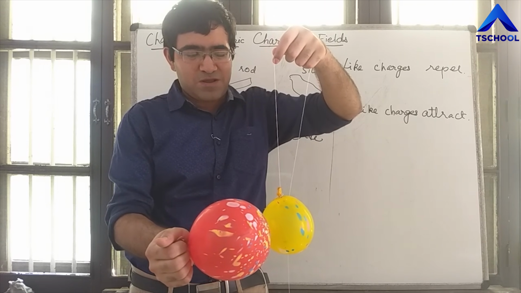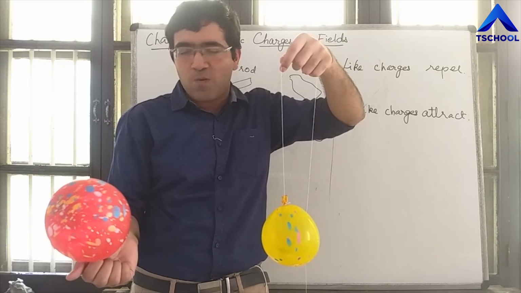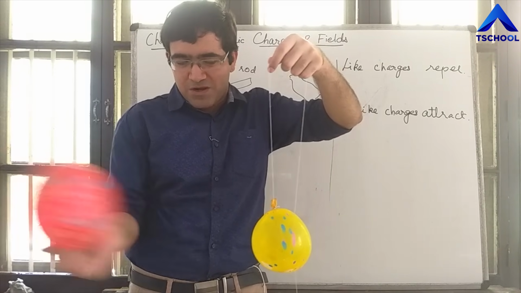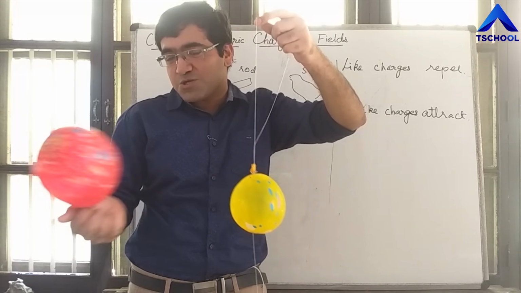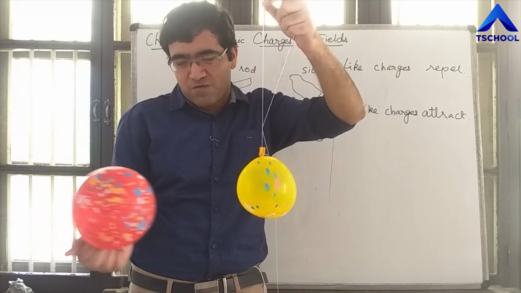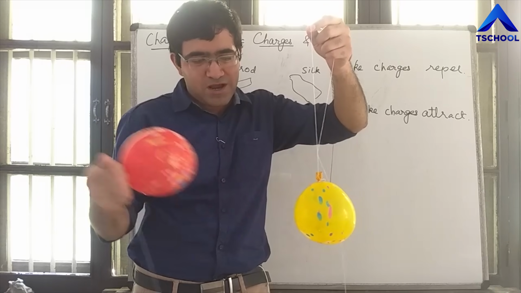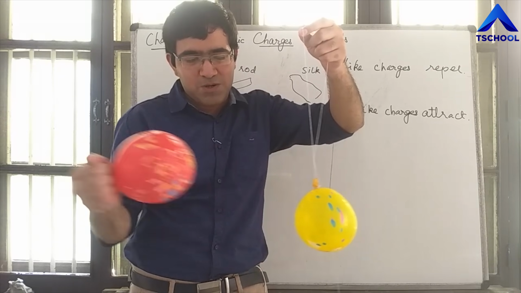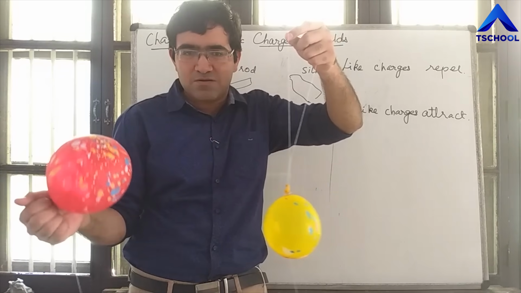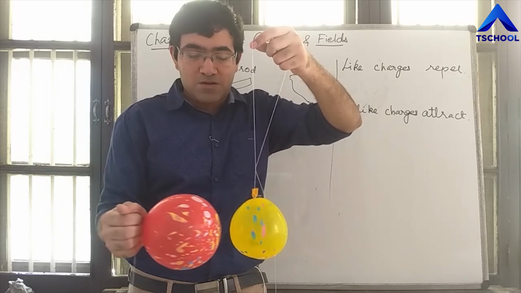If I try to bring this red balloon towards the yellow balloon gently, obviously you're going to try and do it like this, they will hit, there's no doubt about it, because the charge on these two is pretty small and the force is still quite less, but I'm sure you do notice that there is some repulsion occurring between the red and the yellow balloon, right?